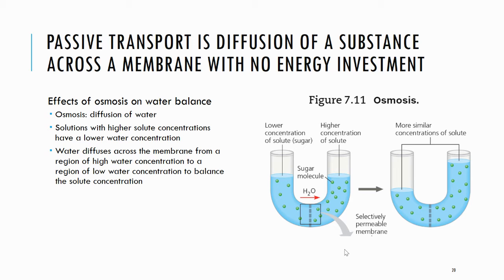We can see that from the famous U-tube experiment. If I have a U-shaped tube with a semi-permeable membrane down the middle, and I have a higher concentration of solute on one side, water will move so that it's higher on one side of the U than the other, so that the concentration of the solute will be closer to equal.